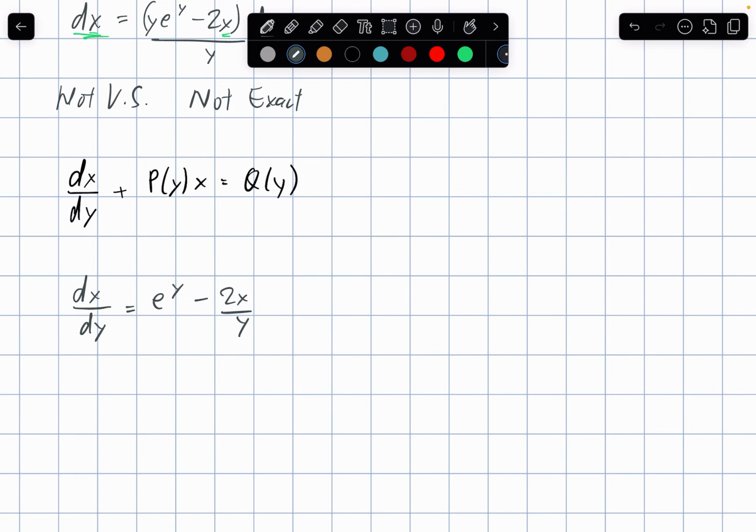Dx over dy equal to... Transpose this to the left side. So plus 2 over y times x equal to e raised to y. Okay, so p of y is equal to 2 over y. Q of y is equal to e raised to y.